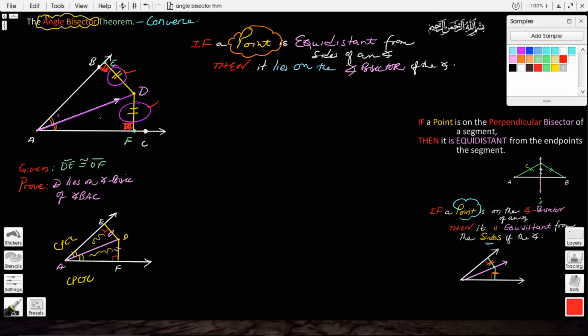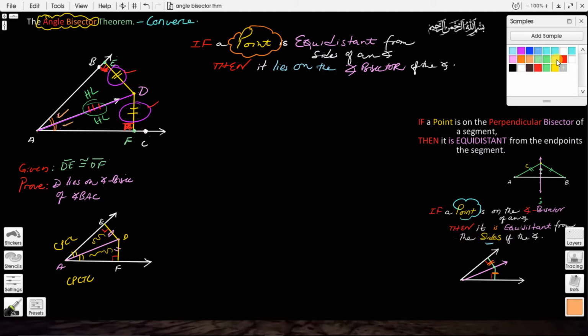We also know that AD is a shared side between those two triangles because of the reflexive property. These two triangles can be proven congruent by hypotenuse leg, because the hypotenuse is common to both of them, and the legs are DE and DF. So we can use hypotenuse leg in this case to prove the two triangles congruent, and then finally these two angles would be congruent by CPCTC.